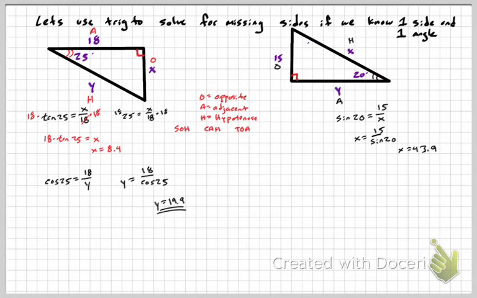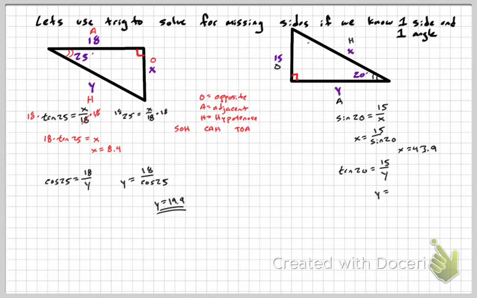Okay, so again, this is a rounded number, so I'm going to stick by using the 15 and the 20. So the 15 is still an opposite, the y is the adjacent. So which trig function uses opposite and adjacent? Tangent. So the tangent of my focus angle 20 equals opposite over adjacent. Once again, our variable has ended up in our denominator, so we're going to go ahead and exchange those.